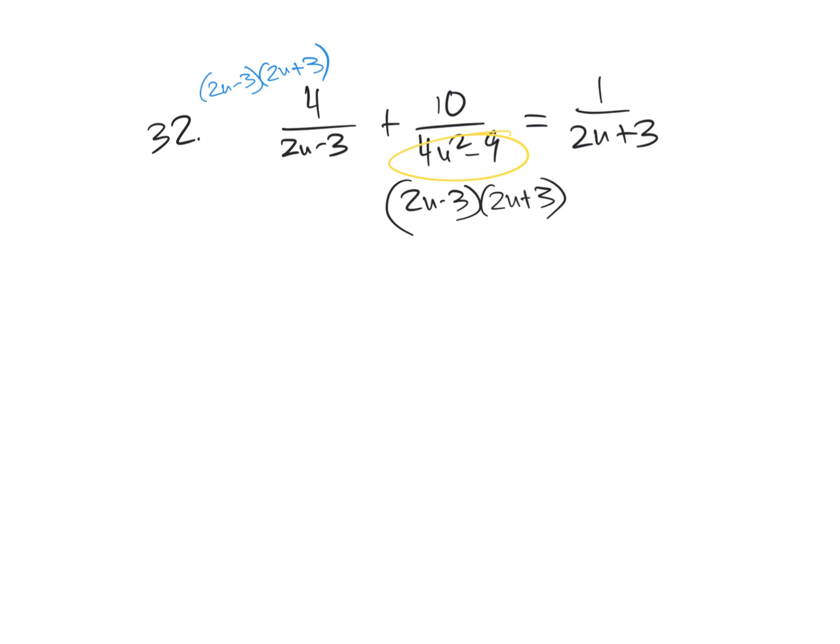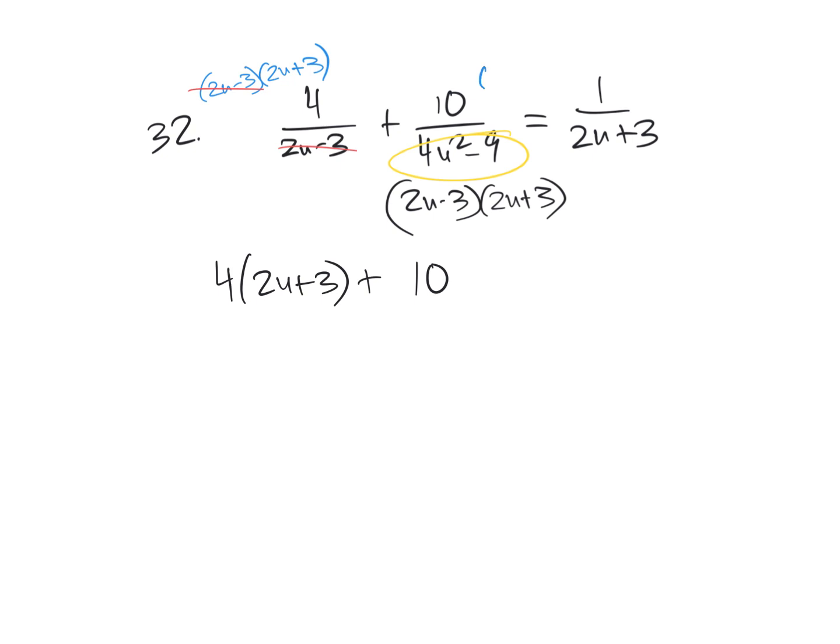So if we did this to every term, this is what it would look like. Here the 2u minus 3 would reduce out, and you'd be left with 4 times the 2u plus 3 in the first term. And if we multiply the second term by that common denominator, you'd just be left with 10 in the second fraction.